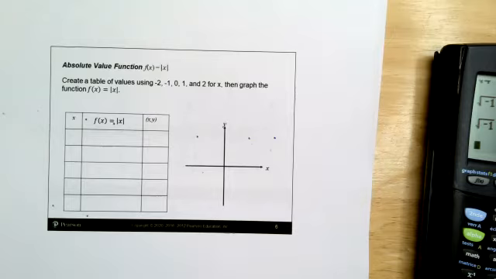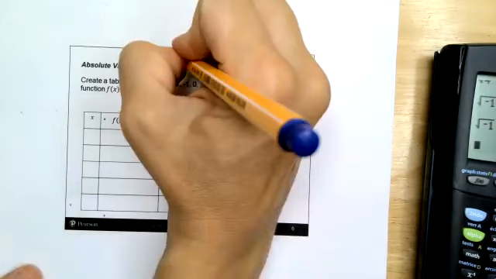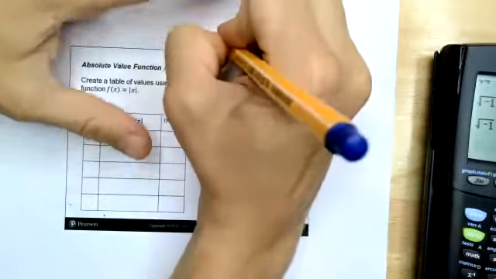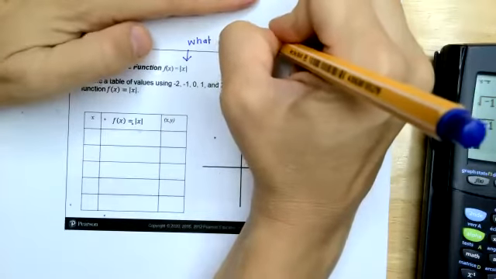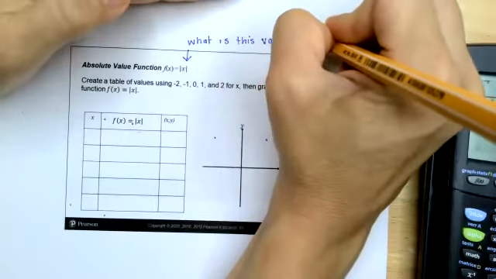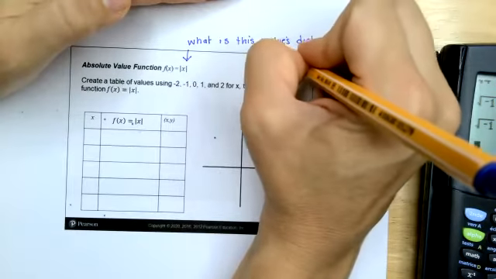Absolute value function, just think about what absolute value means, right? Anything inside the absolute value bars, it's just asking what is this value's distance from 0 on the number line.